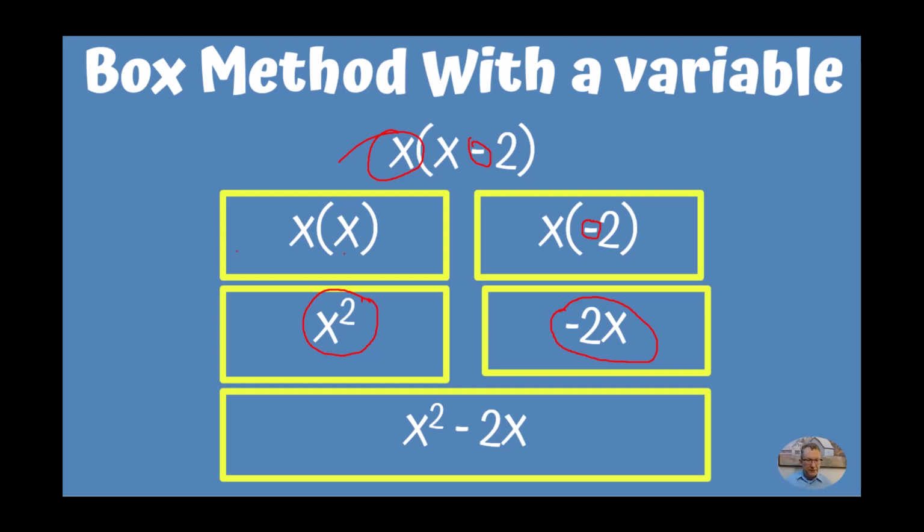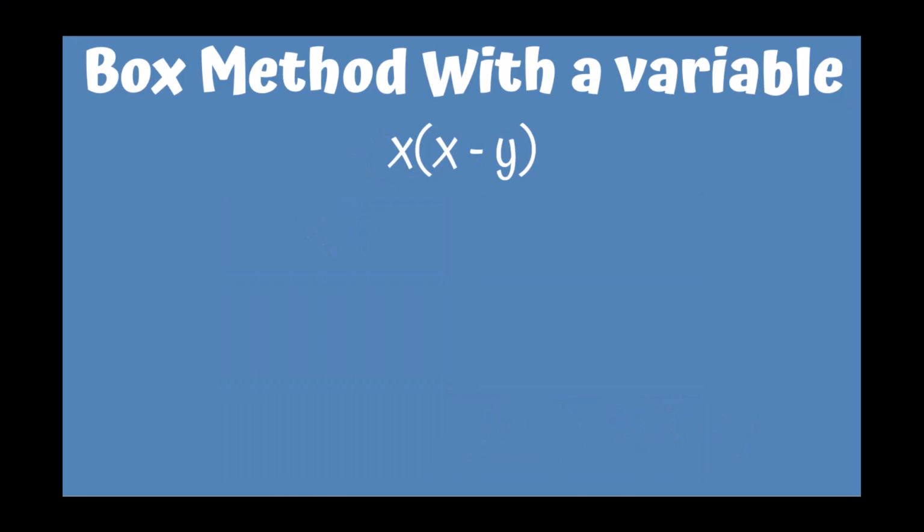So here we've got x squared minus 2x. This is an expression. Can you solve an expression? That's right, you can only simplify it. Remember, we simplify expressions, we solve equations. And we're going to start solving equations in the next lesson, so we're almost there.